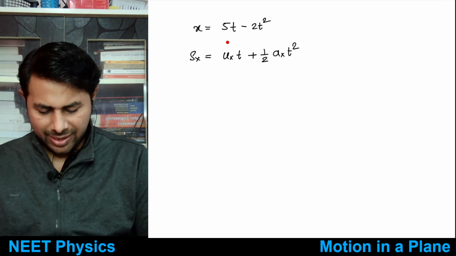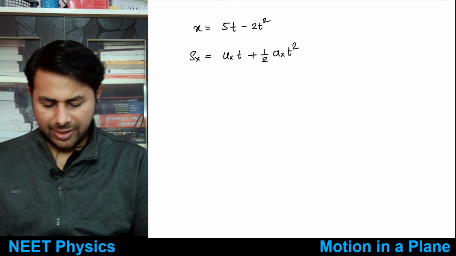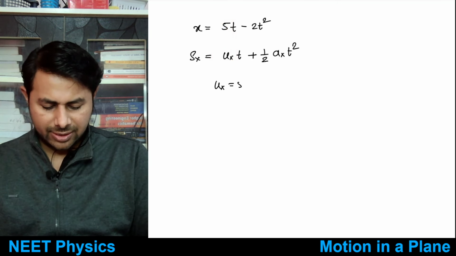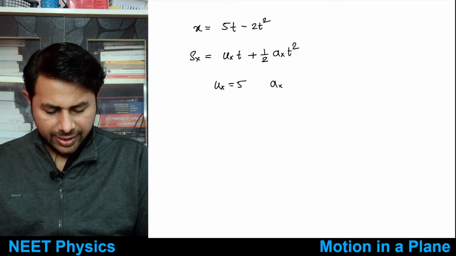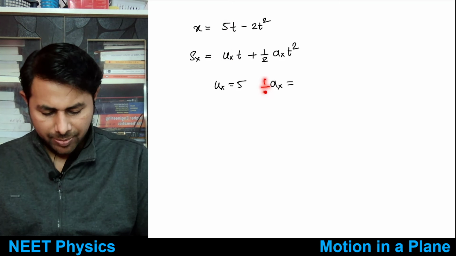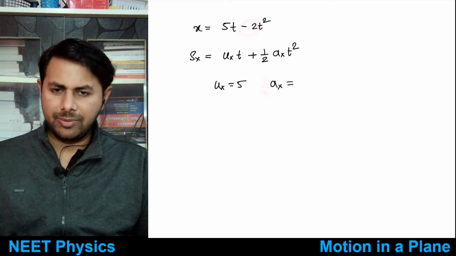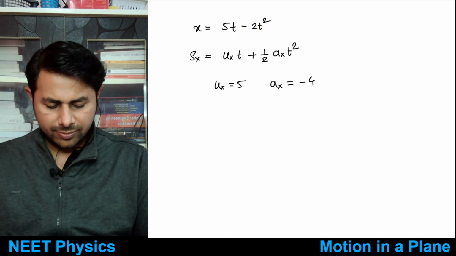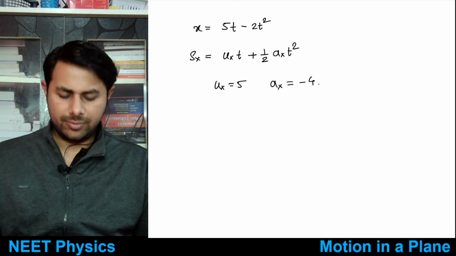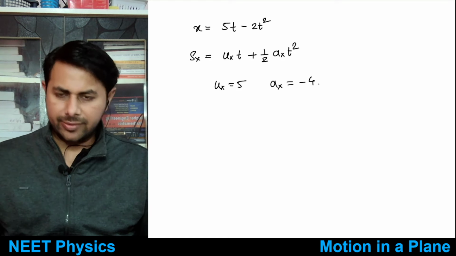So if you just compare this, then what do you get? You get ux is equal to 5, and what is ax? Half of ax is equal to minus 2. That means ax is equal to minus 4, right? So you got ax.